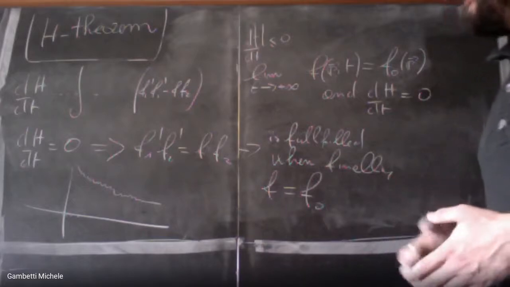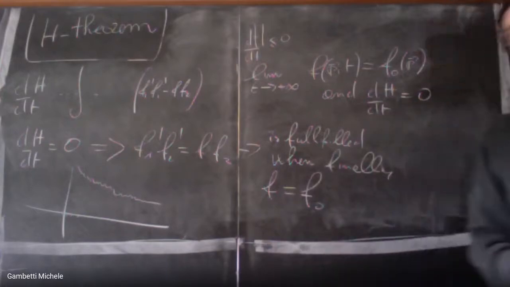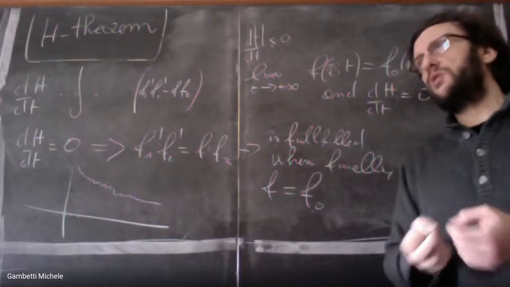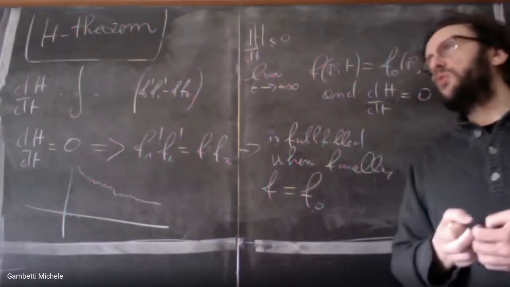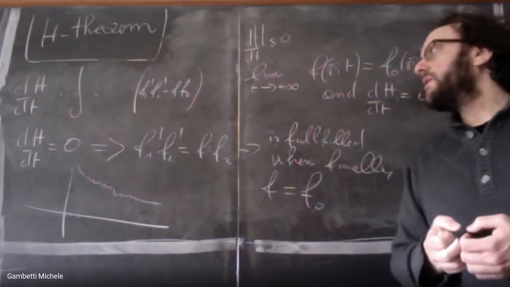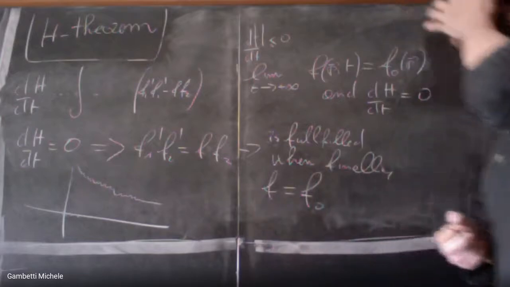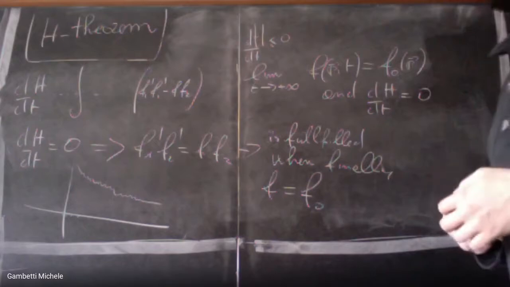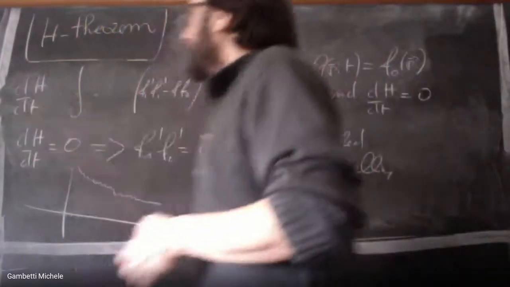But at the end, the overall macroscopic system is irreversible, and this is due to the loss of correlation. Of course, this does not exclude that at some point, and this is all the discussion about the Poincare time, I have a very big fluctuation with a very big increase of dH/dt.